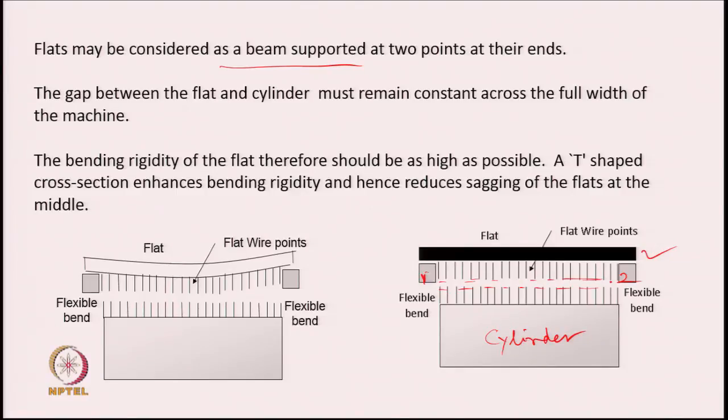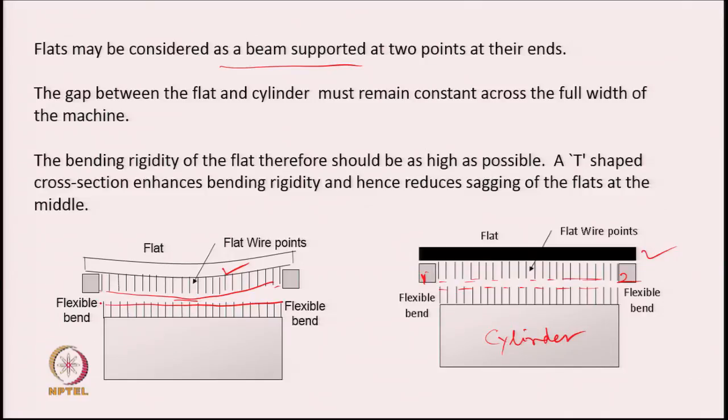Now, what happens if the bending rigidity of the flat is not enough, then the flat rod may bend like this, shown in this diagram, and if it bends, then this gap that exists between the cylinder and the flat, you see the bending is more at the middle point, and therefore, the gap will be minimum here and the gap at the two ends will be larger.